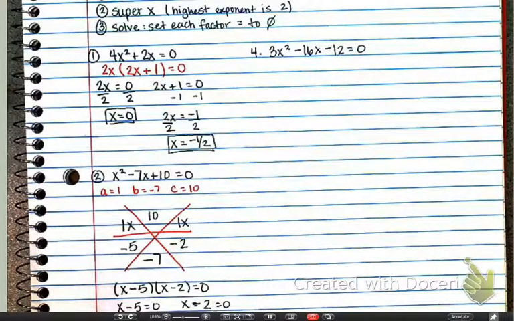Step 1. GCF, do you have one? Between 3, 16, and 12? Does 3 go into 16? No. Okay, so there's no GCF.